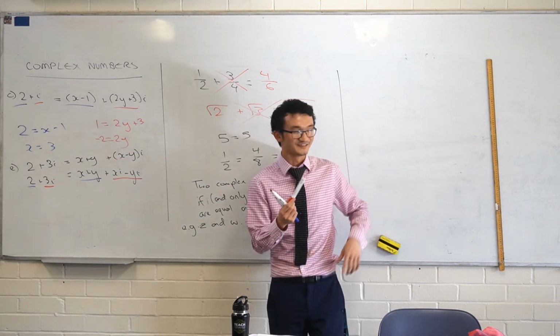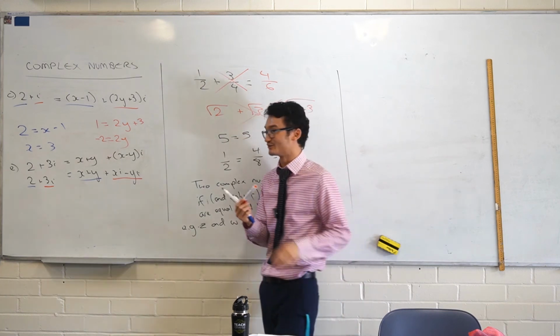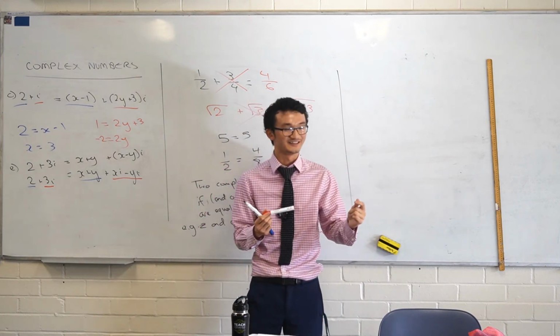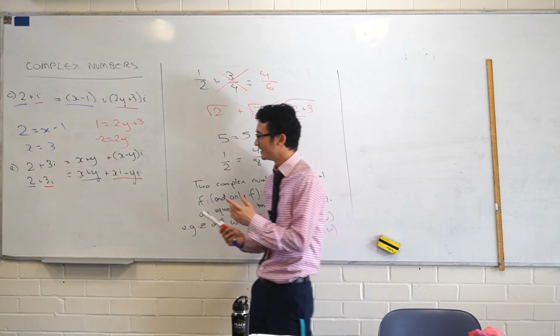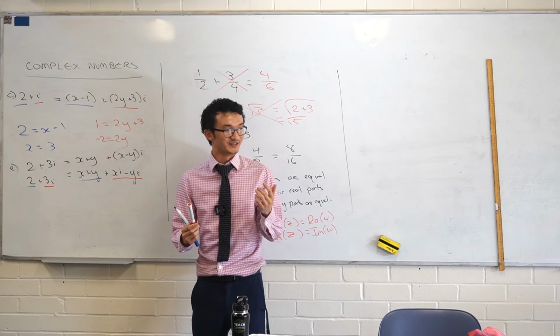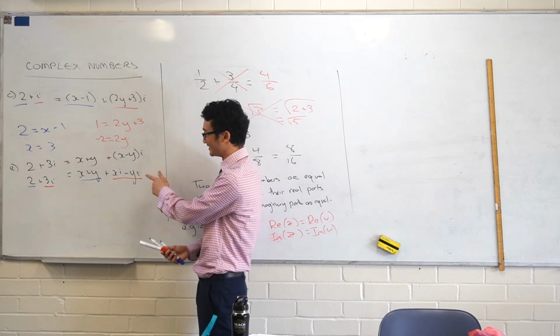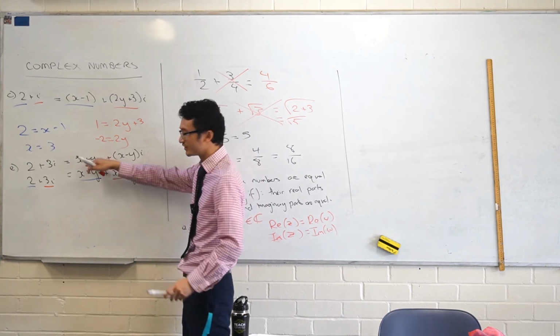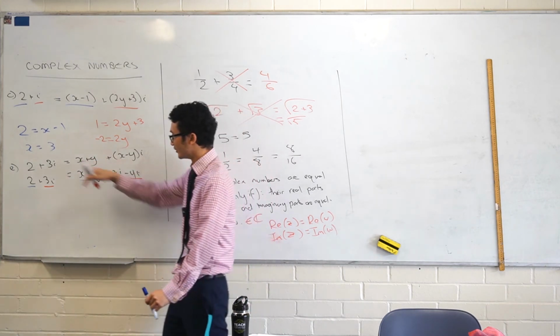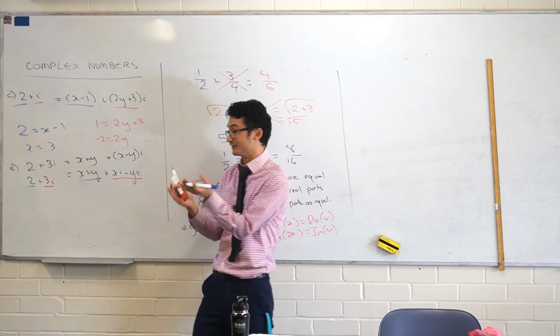Actually, when I did that one before, I saw the bracket and I said, let's just expand it. That was maybe not the best move on my part, because when you expand things, you can sometimes make it trickier for yourself. I think the key part is just recognizing what is the real part and what is the imaginary part. So from this step here, you don't actually have to expand.